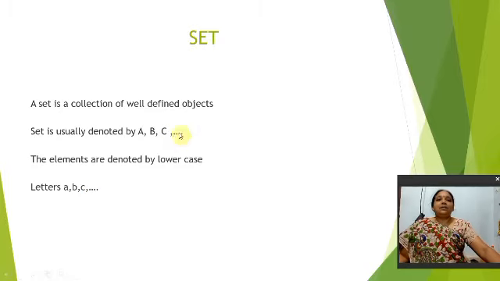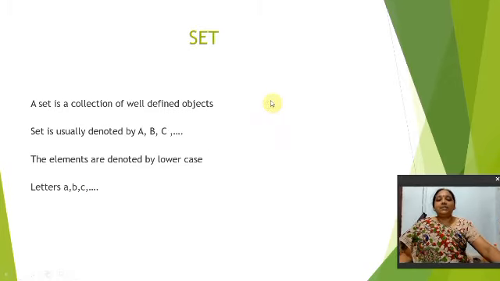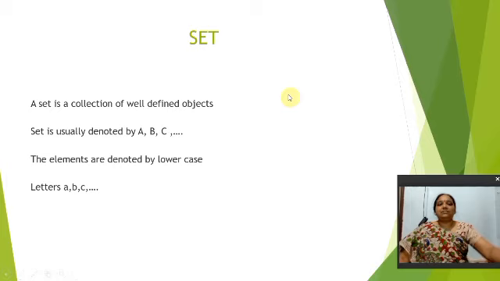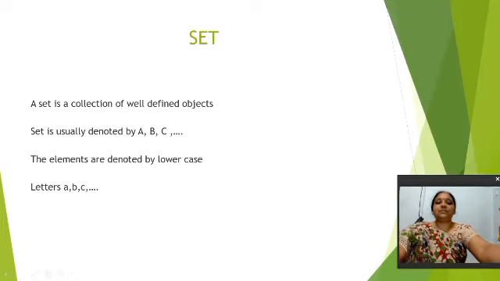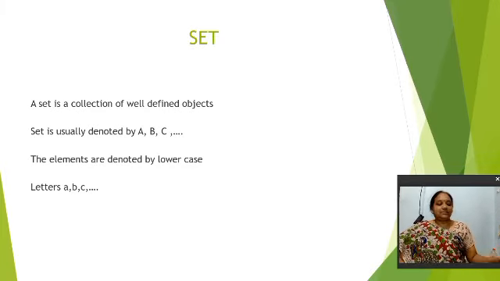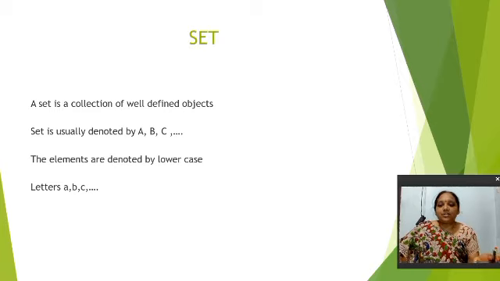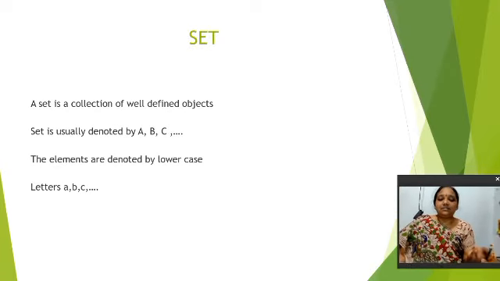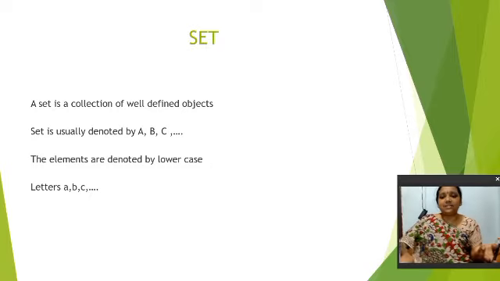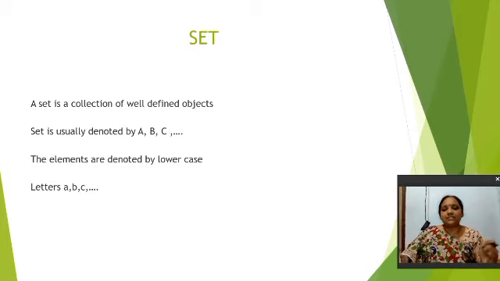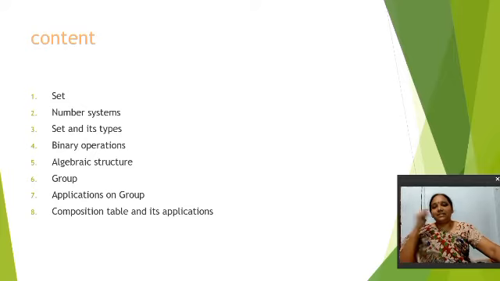Examples of sets are the natural number set, real number set and rational number set, finite sets, infinite sets, like that.